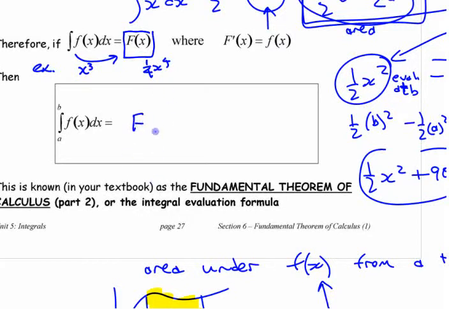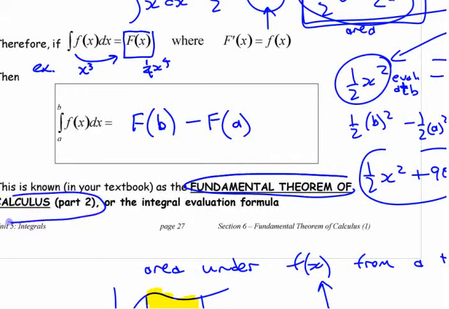All you have to do is evaluate this at B and subtract that same thing evaluated at A. That's how you evaluate integrals. In the textbook, they call this the Fundamental Theorem of Calculus Part 2. Sometimes this is called the integral evaluation formula or something like that.